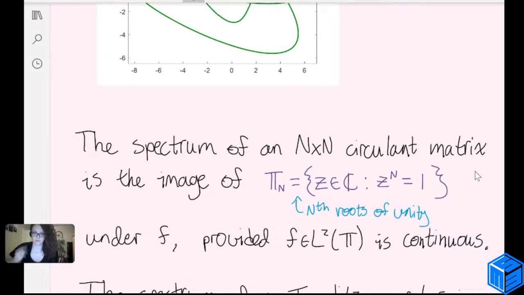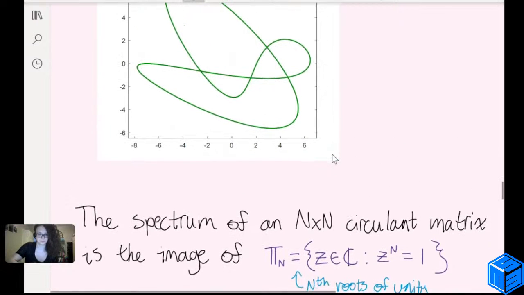And remember, in the complex plane, the number 1 has n roots all along the unit circle. So the spectrum of our circulant matrix is the image of the roots of unity under f. So f is going to transform these roots of unity instead of the whole circle, as long as our symbol is continuous and square integrable.